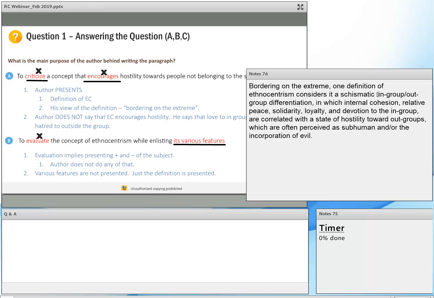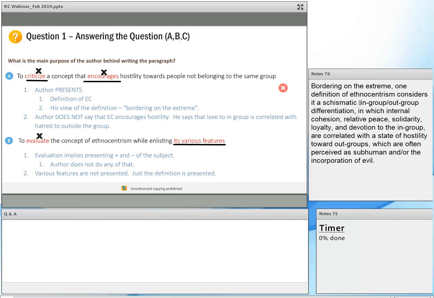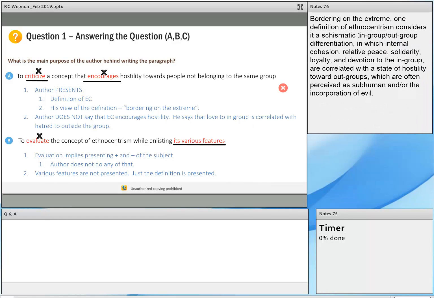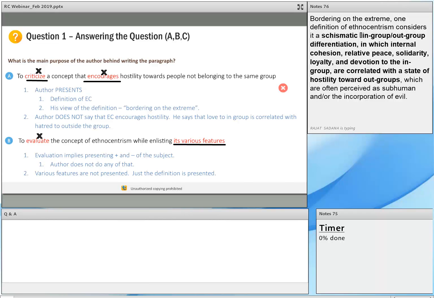Okay. So the question was, are these things not features of ethnocentrism? That's a question. Now, let me ask this question to you. Where do these things come from? Here's my short answer poll.